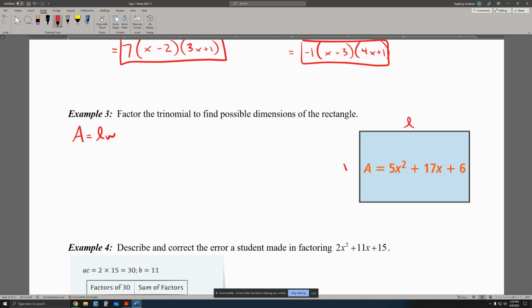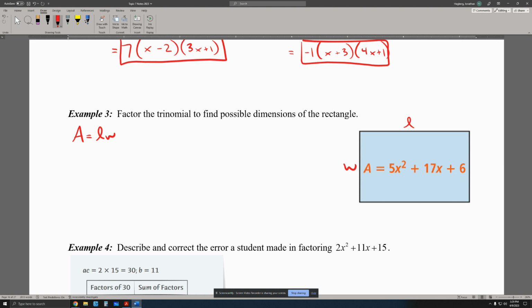So if we know that the area is equal to 5x squared plus 17x plus 6, all we have to do is find expressions for L and W and multiply them together, and that's going to give us the area. Or in other words, L and W are factors of the area A.